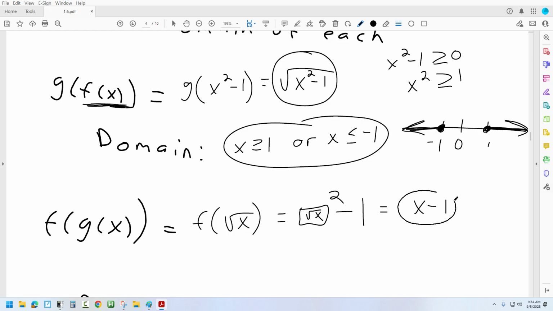Now, if somebody just came in here right now and that's all I showed them and asked what numbers you were allowed to plug in for x there, well, that's all real numbers. But the problem is that came from something that originally had an issue, and that issue canceled out. Well, the fact that that issue was there to begin with is important. So let's start with the domain of the inside function.